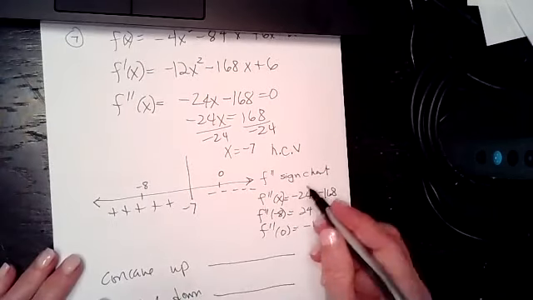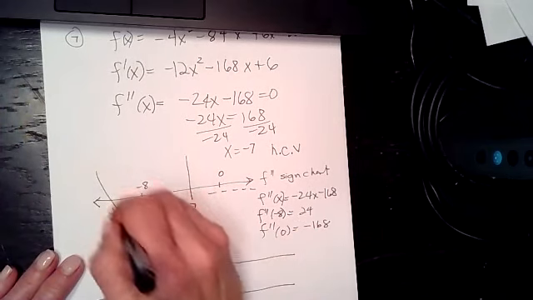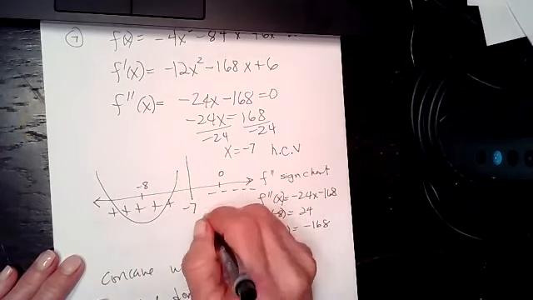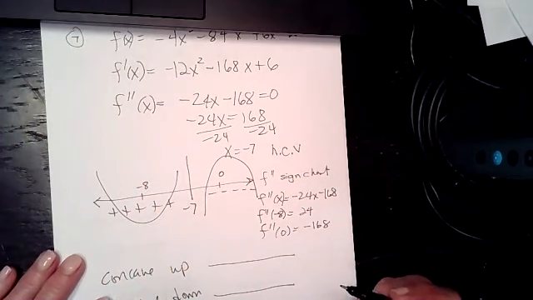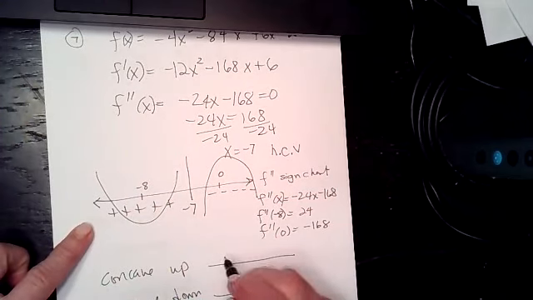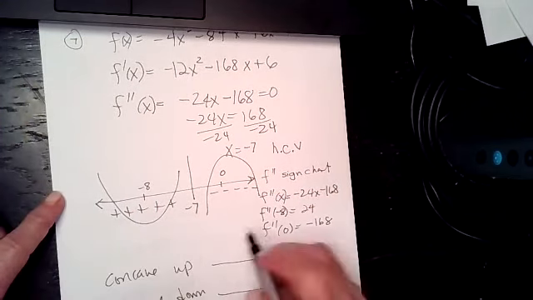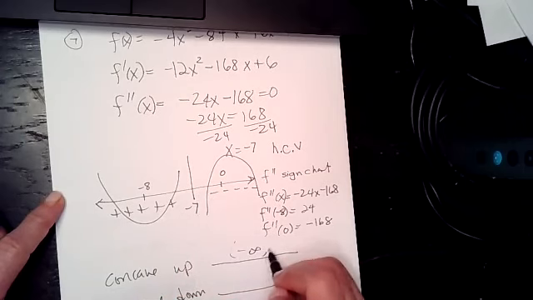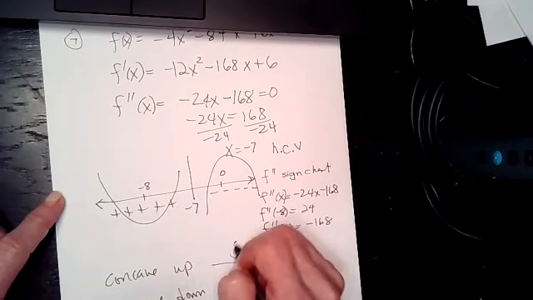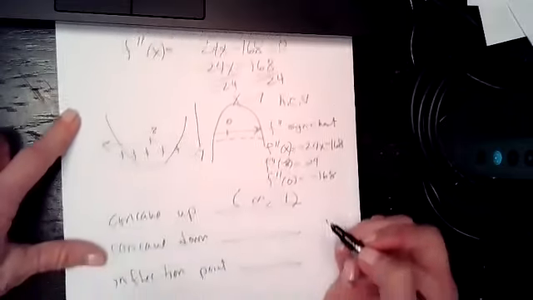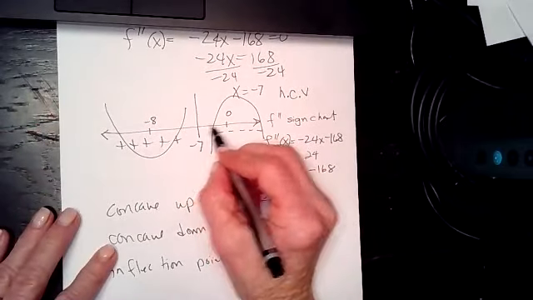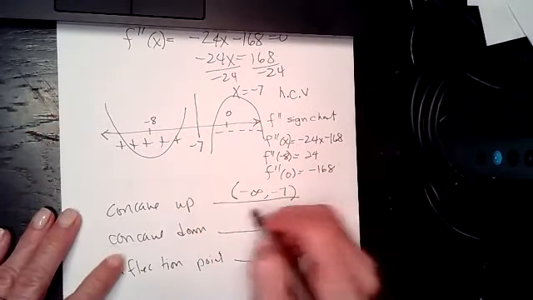So if my second derivative is positive, it's concave up, and if my second derivative is negative, it's concave down. All right, so it's concave up from negative infinity to negative 7. Open intervals of concavity. It's concave down from negative 7 to infinity.